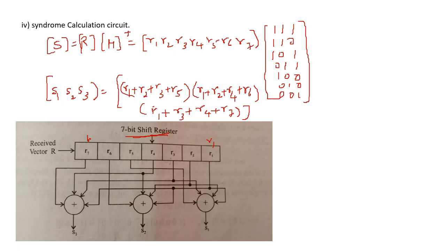Based on the equation, S1 will be R1 plus R2 plus R3 plus R5. You connect it accordingly and get S1. Similarly, S2 will be R1 plus R2 plus R4 plus R6, and S3 will be R1 plus R3 plus R4 plus R7.